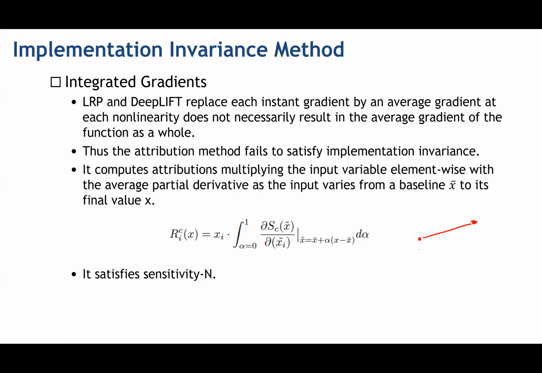So this is x bar, the base point, and x is what we wish to get, and based on alpha we can set this as x tilde, and we integrate the partial derivative of SC from x bar to x through x tilde, integrating all those values from 0 to 1 over alpha, and multiply with the input.